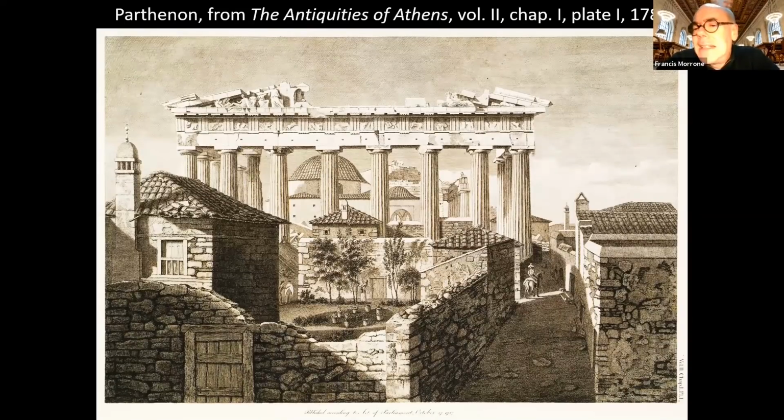Greece, you've got to understand, wasn't part of the grand tour. Well-born young Englishmen went on the grand tour. They visited Europe. They visited the cultural sites of Italy, of Switzerland, of France. They would go to Germany. They would go to Spain, but they wouldn't go to Greece.